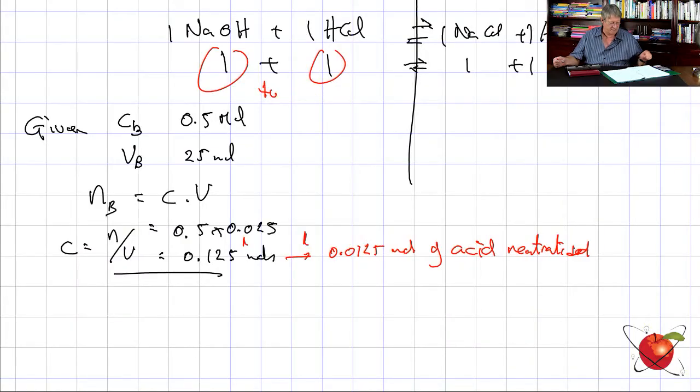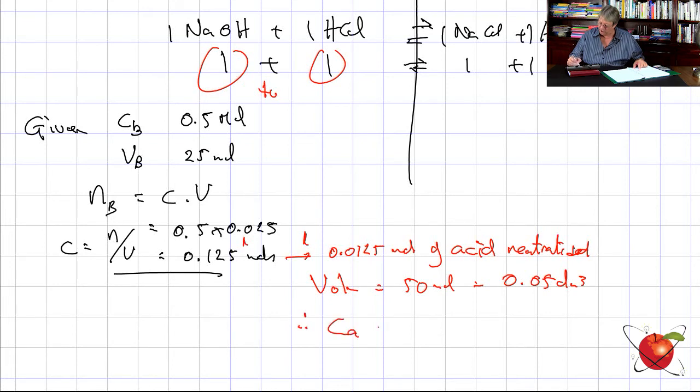Thus, I can now start on my acid, and let's leave it in red, just for the heck of it. So the acid had 0.0125 moles, and the volume of the acid was 50 milliliters, which is 0.05 decimeters cubed.